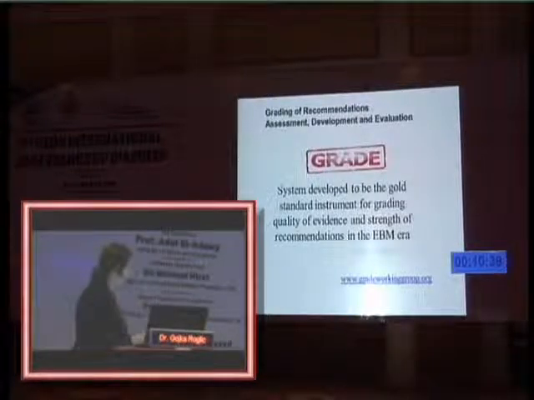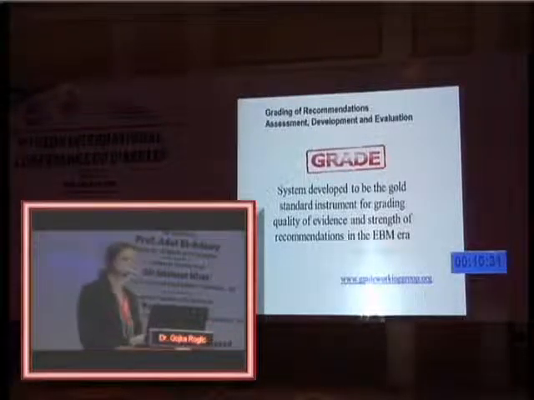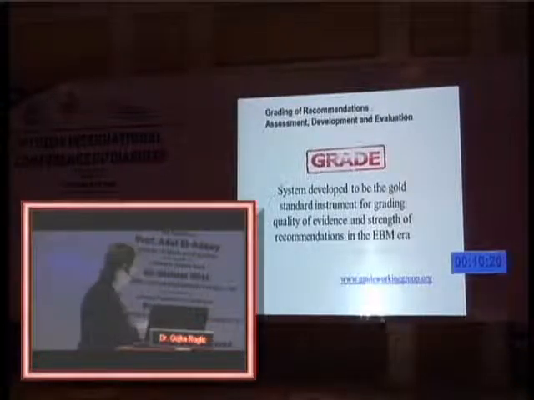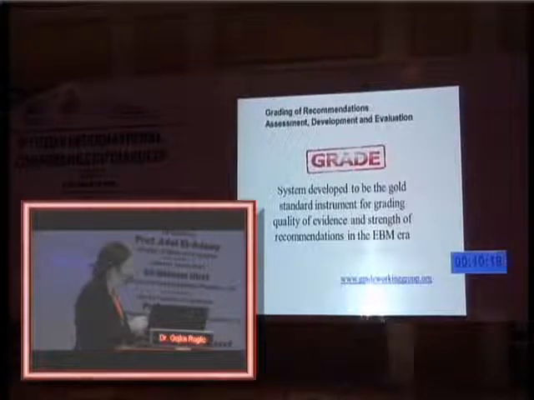For judging the quality of the evidence and for formulating the recommendations, we used the GRADE system, which is now used by many authoritative bodies that issue guidelines, bodies like SIGN in Scotland or NICE in the UK. And it's becoming much more popular and used throughout the world.